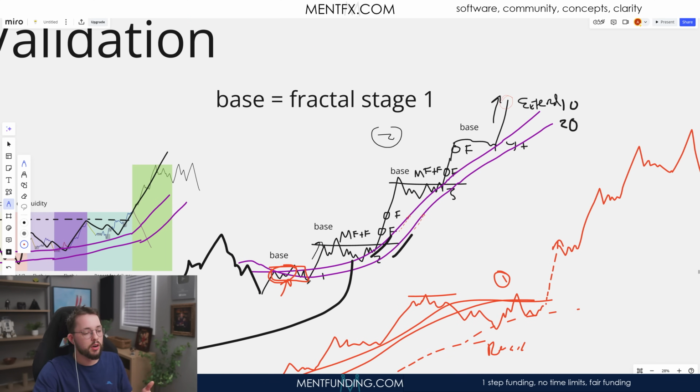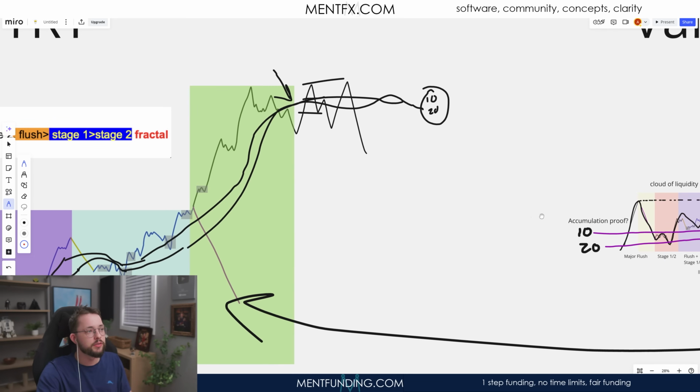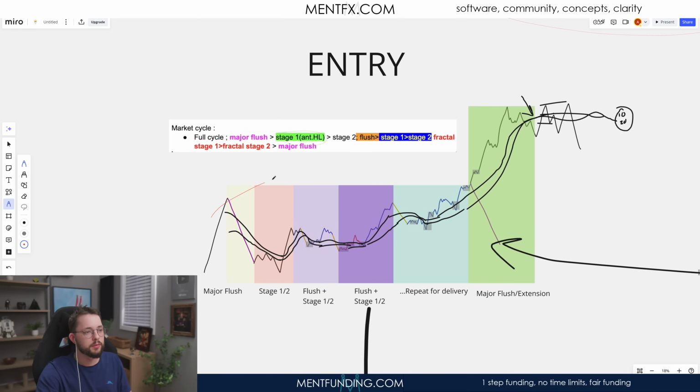Very simply, we go through generally 1, 2, 3, 4-ish bases amongst moving higher averages, which demonstrate that there's true orders coming in and true momentum, a true trend. And I'm using the fact that that's happening to continuously get myself involved through the actual market cycle of delivery.